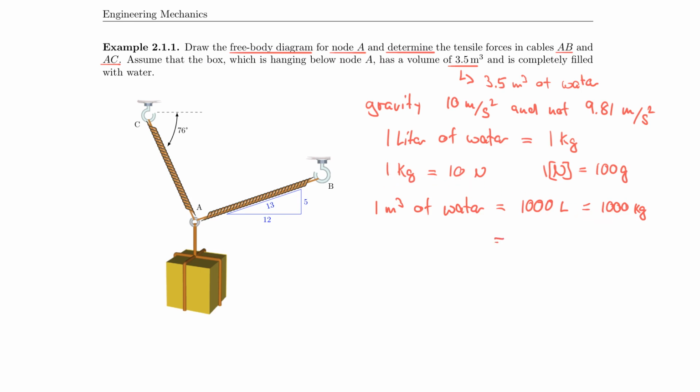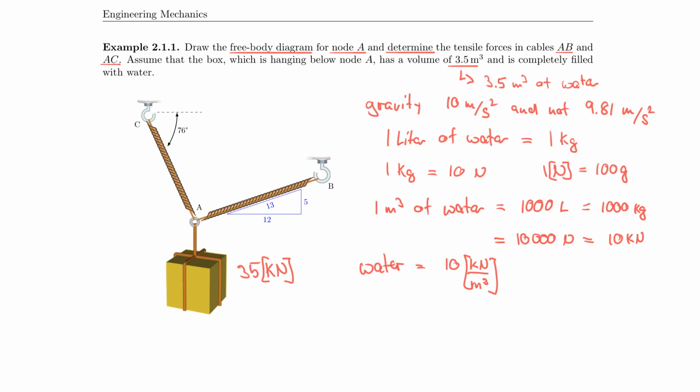So therefore, that is equal to 10,000 Newton, which is really equal to 10 kilonewton. And the way engineers say that is that water really is 10 kilonewton per cubic meter. And so therefore we now understand the weight in this box is actually 35 kilonewton.